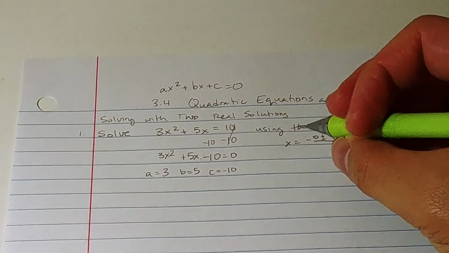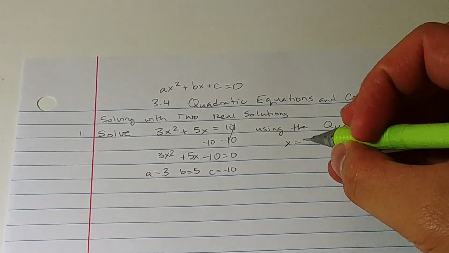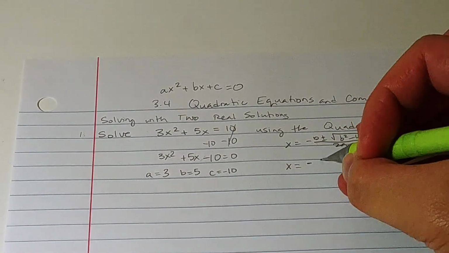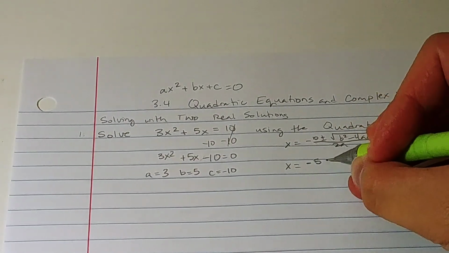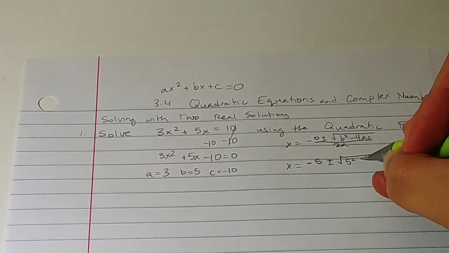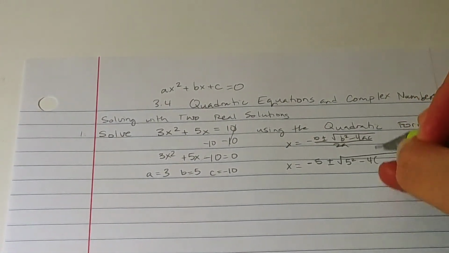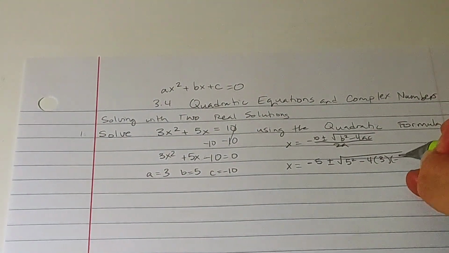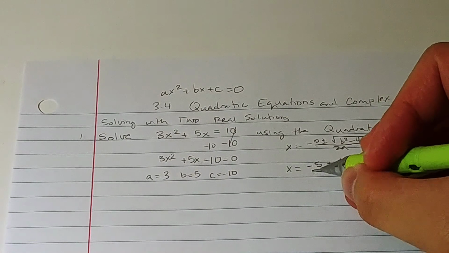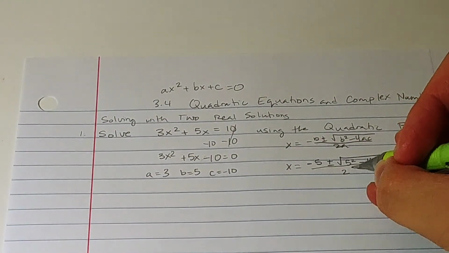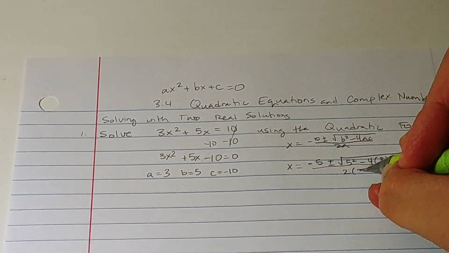So we have x equals negative, and our b is 5, plus or minus the square root of 5 squared minus 4 times a is 3 times c is negative 10, and all over 2 times our a is 3.